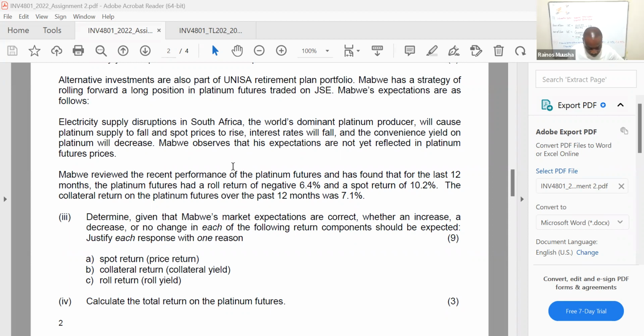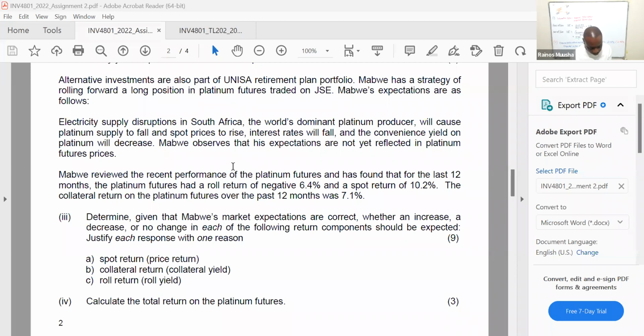For part 3 of the question, they say determine, given that Mabwe's market expectations are correct, whether an increase, a decrease, or no change in each of the following return components should be expected, and justify your response with one reason. The return components we're analyzing are the spot return, the collateral return, and the raw return.